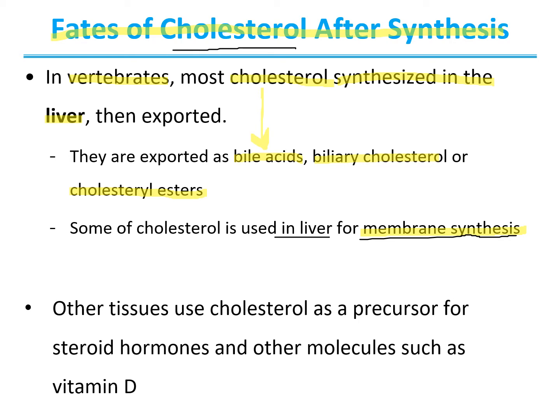Now once this cholesterol is exported, it will go to different tissues, and in other tissues it can be used to make steroid hormones, which are plenty of important hormones: testosterone, progesterone, estrogens, aldosterone, and so on. All of these hormones can be synthesized from cholesterol, and they have an important role. And it can also be used to make vitamin D inside the body as well.